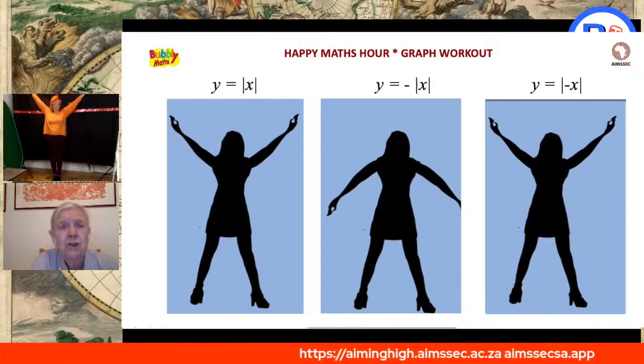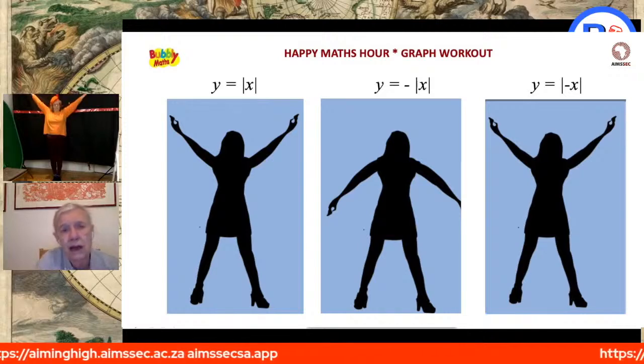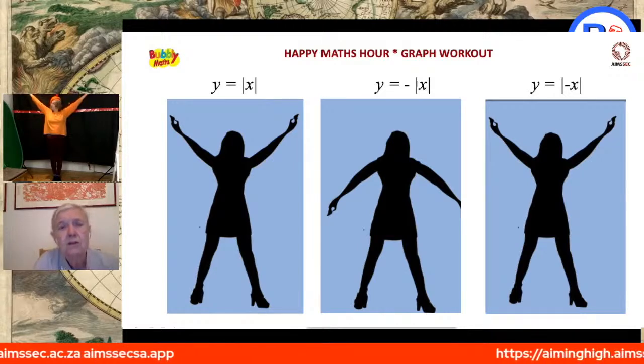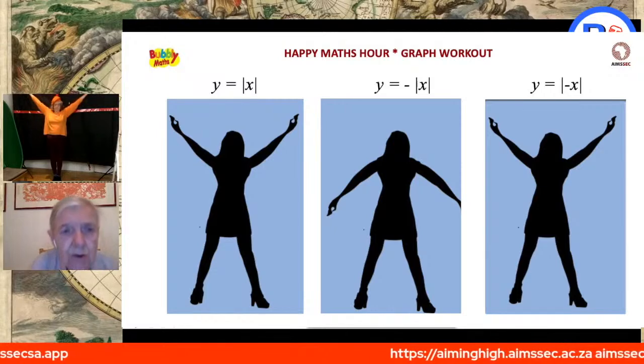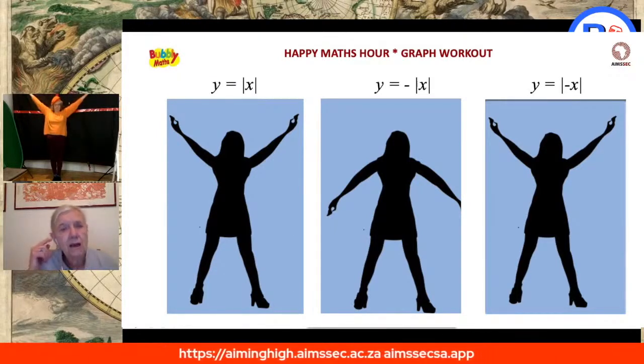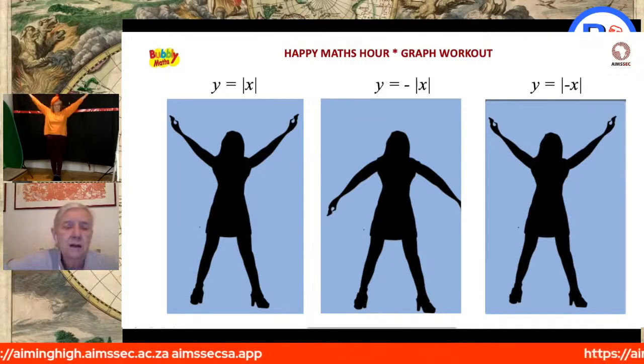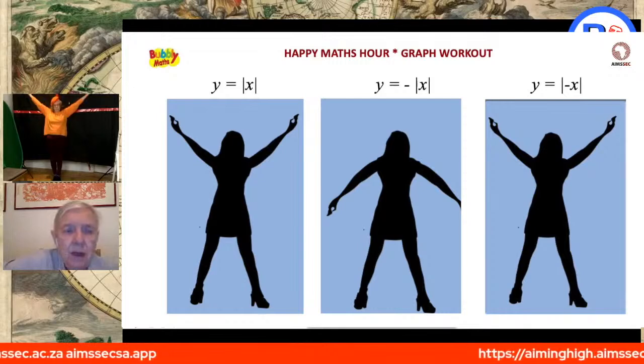Now, what she is showing you is with one arm, she's showing you y equals x. That's clear because the y equals x has to be halfway between the x-axis and the y-axis.